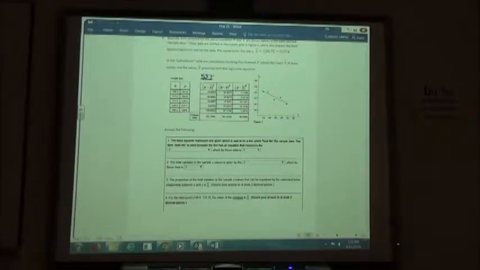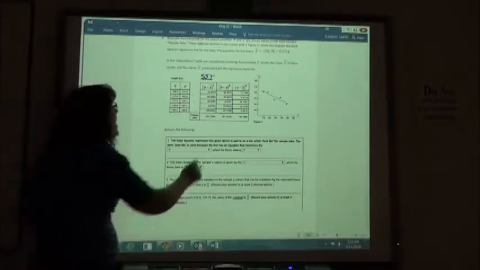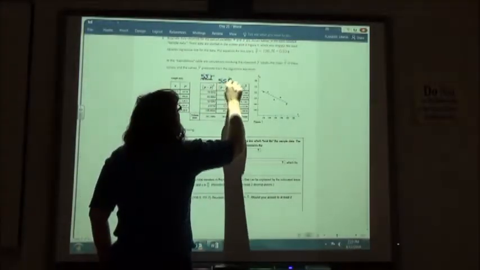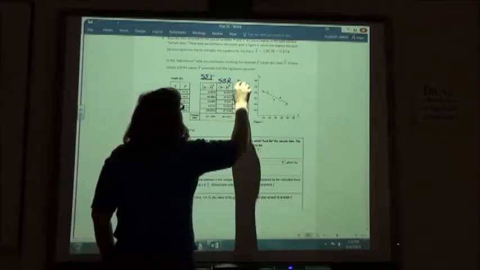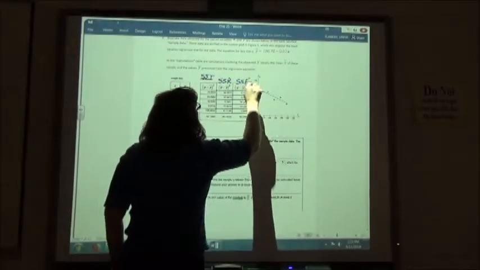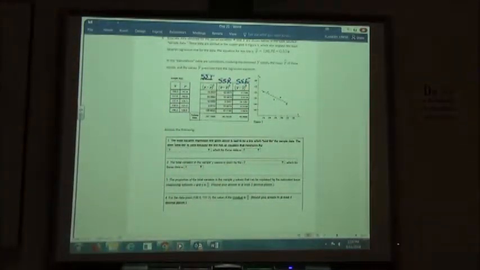The middle one I take y hat minus the mean of y. Y hat minus the mean of y is my sum of squares regression. And then we have y minus y hat. Y minus y hat is my sum of squares error. So make sure you always look at your table because they switch those around, so you get the right ones marked.